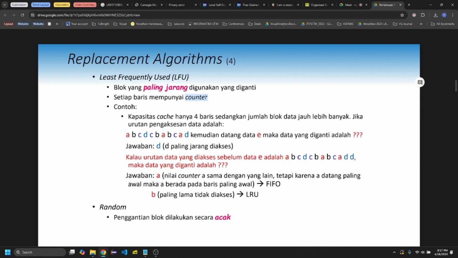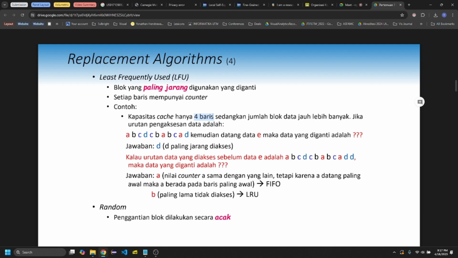So there is another memory built into the cache. So this is the example here. The cache capacity has only 4 lines, whereas the number of data blocks is a lot more than that.